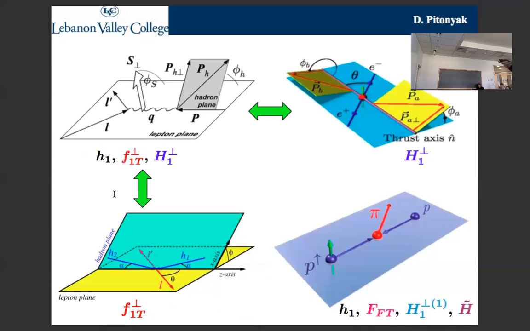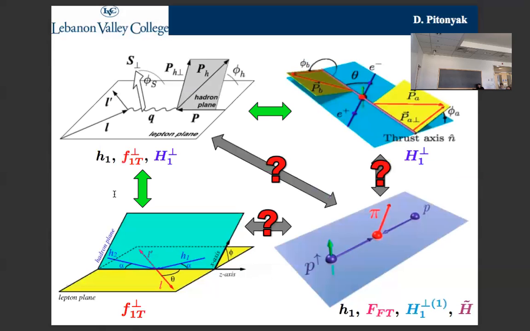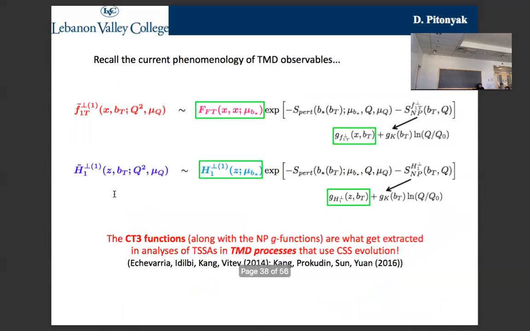The Sivers function is showing up in SIDIS and Drell-Yan. So there are obviously connections between these 3 TMD observables, and the functions for the A sub N observables that we discuss here are the transversity function, the first moment of the Collins function, and this H tilde. So the question becomes, how do we actually connect the TMD observables to the collinear ones and get after some global analysis of all of these observables?